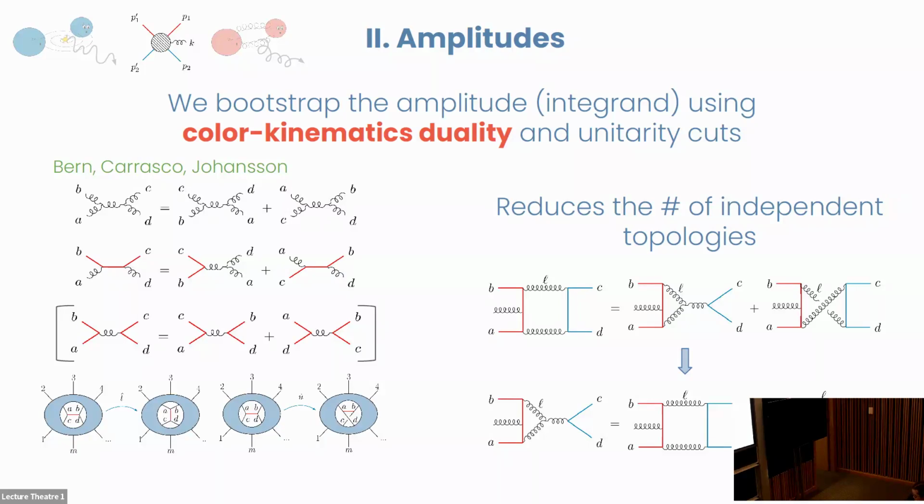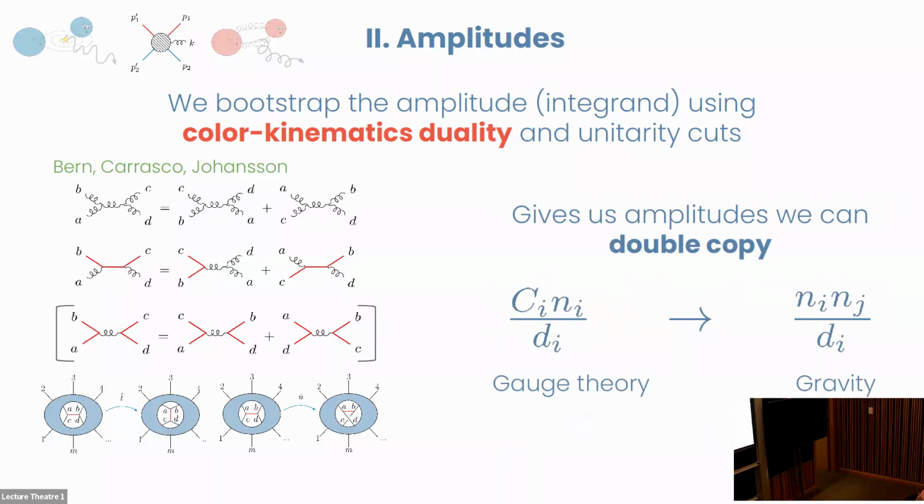So reducing the number of independent pieces of information is one great thing about using color kinematics for this, but it also gives us the double copy, which is probably what we're more interested in in this room. So if we take our graphs and we give them a color factor, one of these kinematic numerators, and a propagator, as long as we made sure that we're happy with all of these Jacobi relations, we can get rid of the color factor and replace it by another kinematic numerator, and this is going to give you a gravity expression for it.